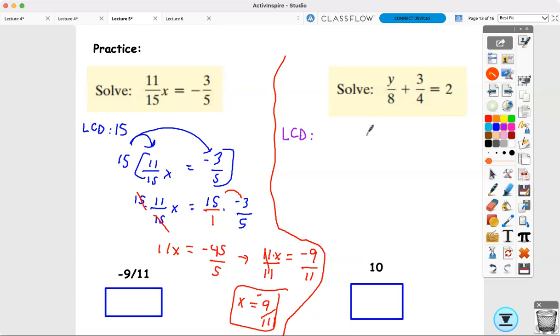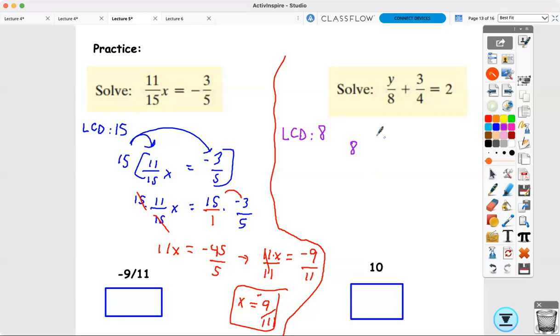4 and 8. What is the least common multiple or least common denominator for 4 and 8? 8, yeah. If you got 8, good job. It is 8.